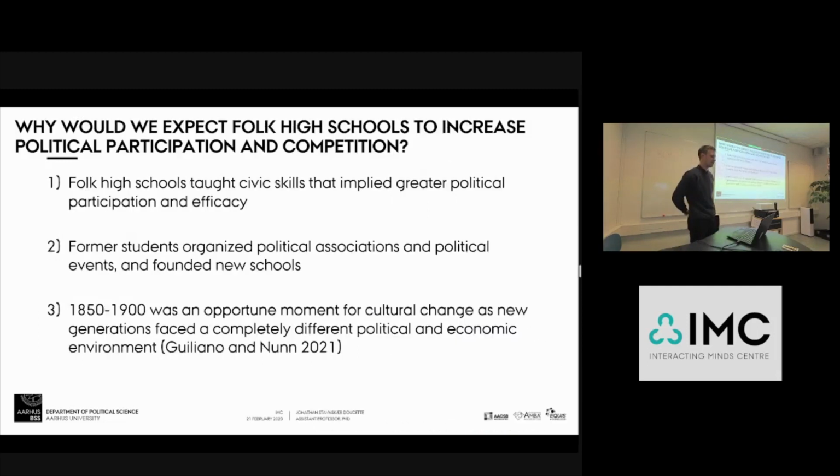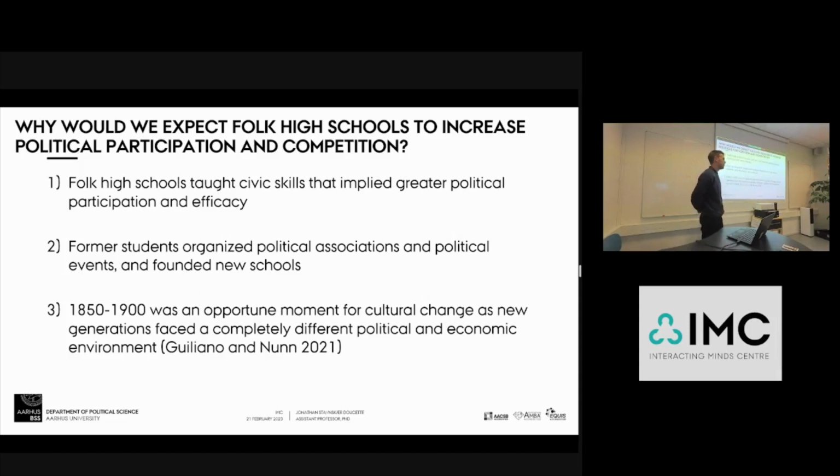So basically, we expect that folk high schools taught civic skills, which imply greater political participation, but also greater political efficacy. So former students organized political associations and political events and ran for office and founded additional folk high schools.